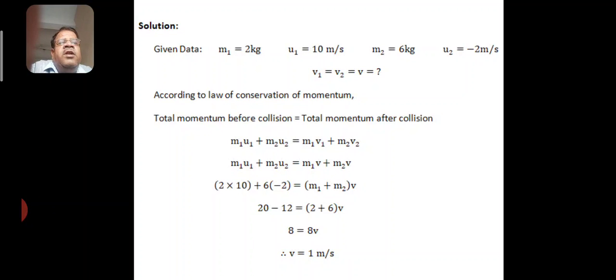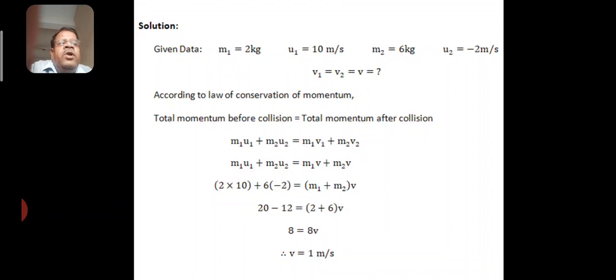We have to calculate v. According to the law of conservation of momentum, total momentum before collision is equal to total momentum after collision. m1 u1 plus m2 u2 equals m1 v1 plus m2 v2, that is, m1 u1 plus m2 u2 equals m1 v plus m2 v.